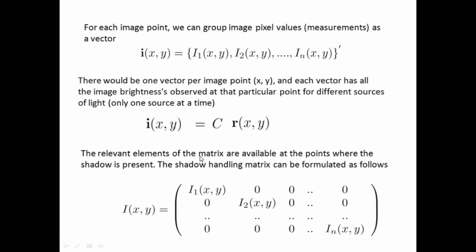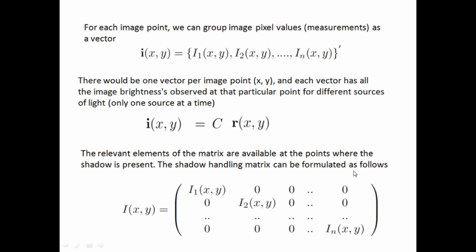The relevant elements of the matrix: this is nothing but I of x comma y. This is a shading matrix. Why is it a shading matrix? I1 of x comma y is the brightness value obtained from the source S1, this is obtained from the source S2, and In of x comma y is the brightness value obtained by the nth source.